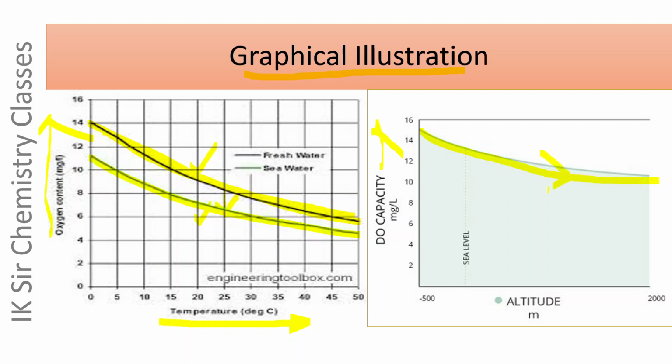DO decreases with decrease in pressure. As the temperature is increased, the DO value decreases. At the same time, the DO value of fresh water is greater than that of seawater.